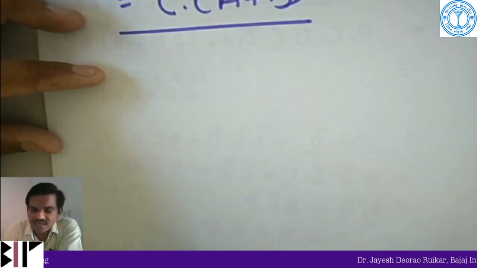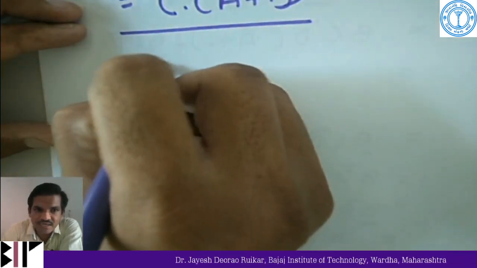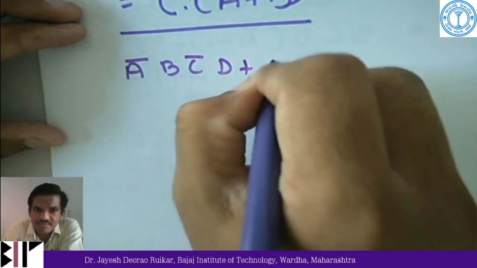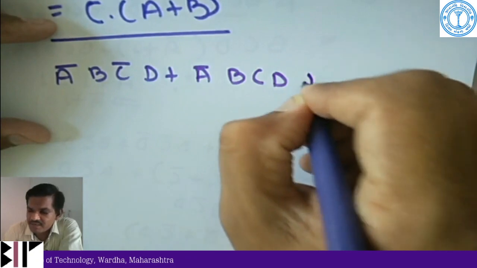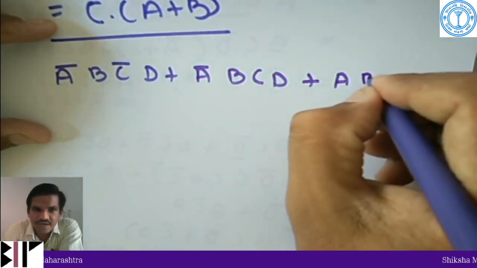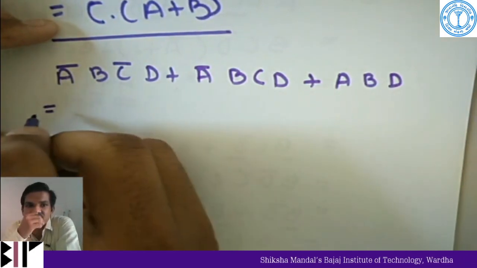Now let us take another example. A bar B C bar D plus A bar B C D plus A B and D. So now we have to minimize this expression. How to minimize?